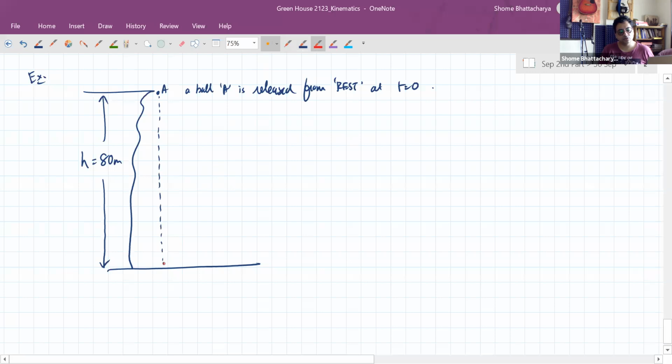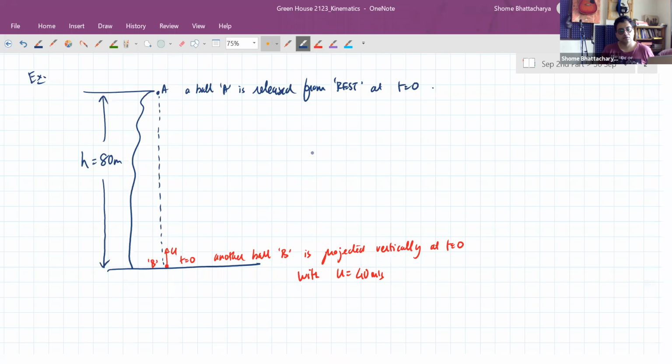But simultaneously at t equal to 0, from the ground level, another ball B is projected vertically with initial velocity 40 meters per second. Take g as 10 meters per second squared.